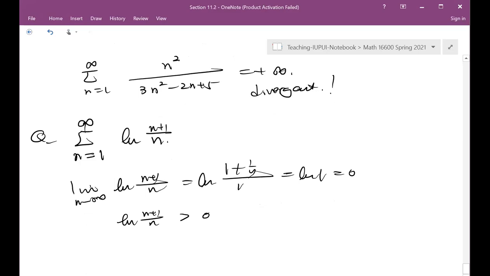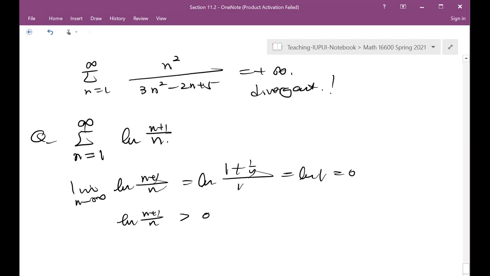Is it convergent? You cannot use the nth term test for divergence to prove it is convergent. You can only use that to prove it's divergent. But right now, the limit of the nth term is 0, so you cannot say anything using the above theorem, if you know the logic.